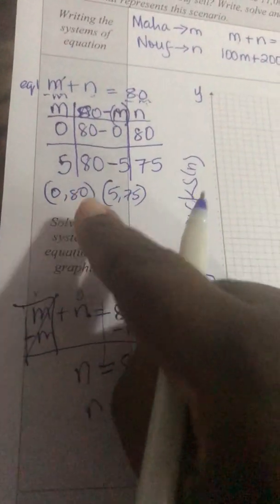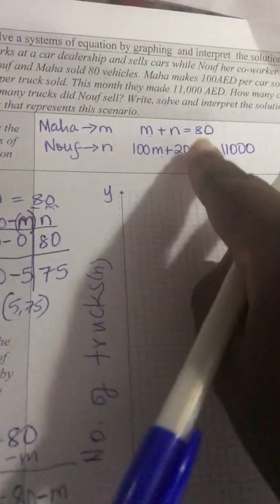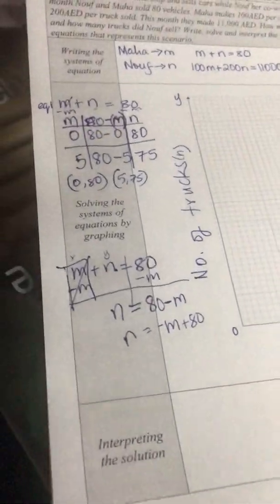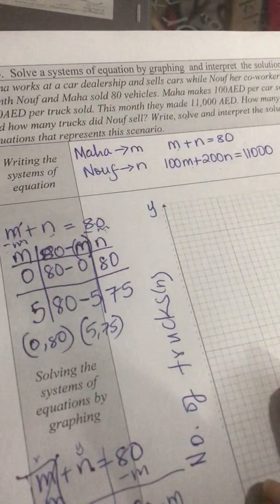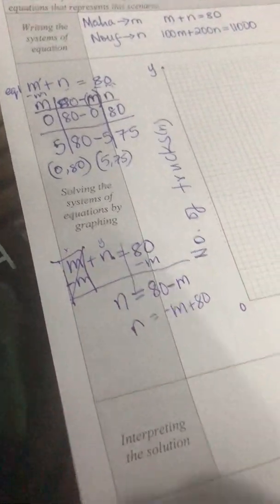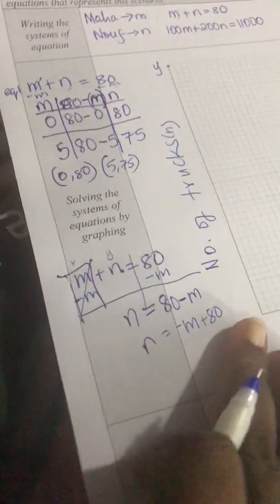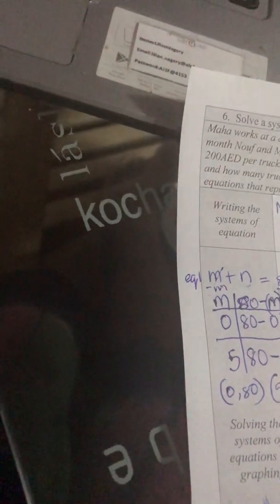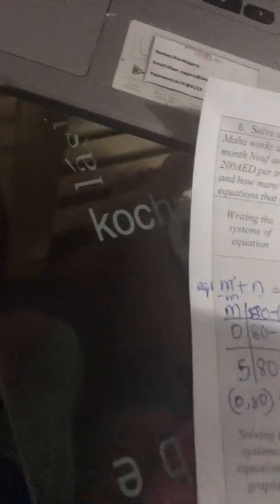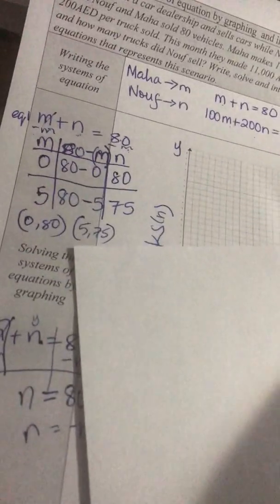Before I label my graph, let's do my second equation where I don't have space. I need space. I'm going to do it at the back of this paper. So when I finish drawing, I'll put the work over here.